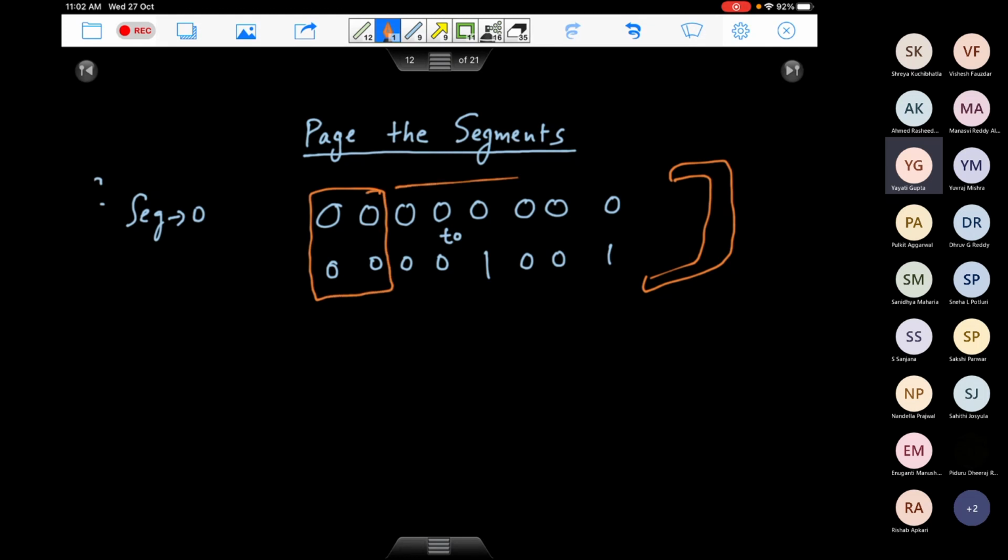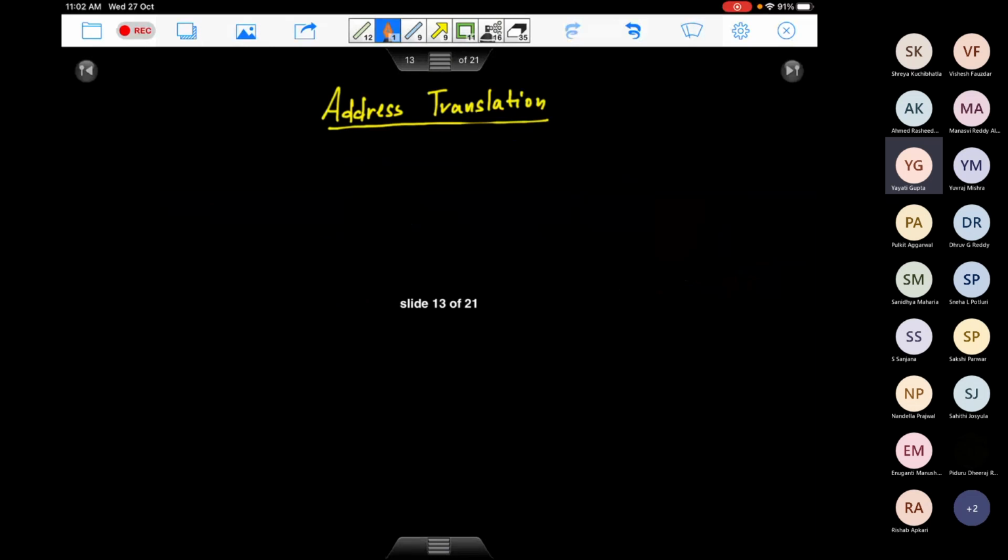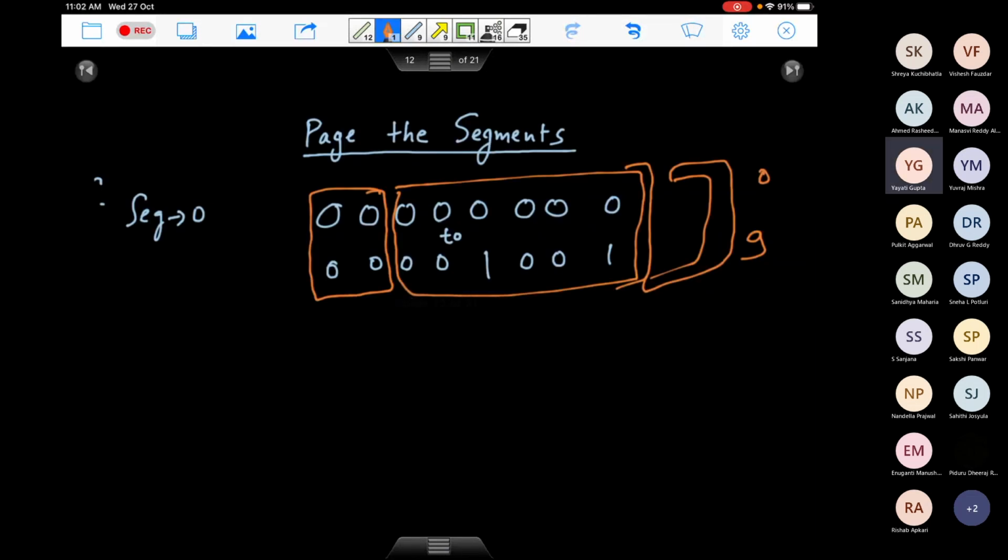The remaining bits are nothing but the virtual address space of a particular segment, similar to how you had the virtual address space for a process. So these are the contents of the segment going from 0 to 9, and we have to page this. We'll be using the same technique which we used for paging. So let's say our page size is 4 bytes. What will happen then?